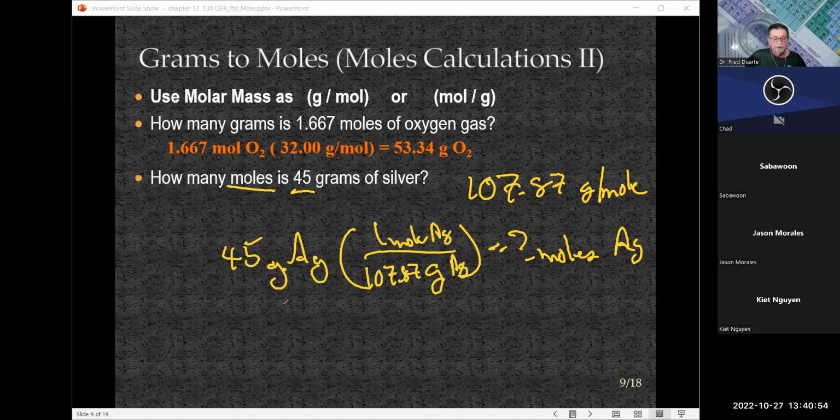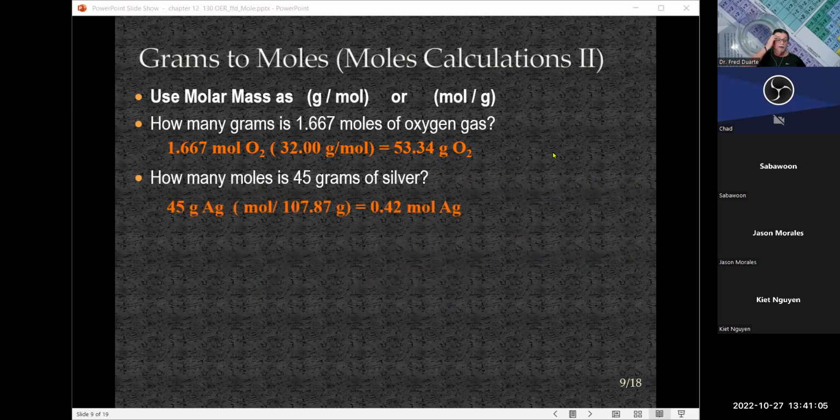My grams cancel. When I do the math and plug those numbers in, you should get 0.42 moles of silver represent 45 grams of silver.